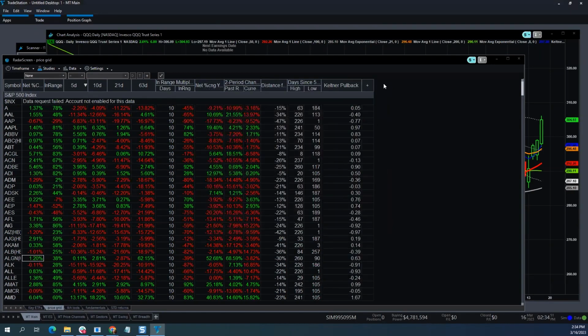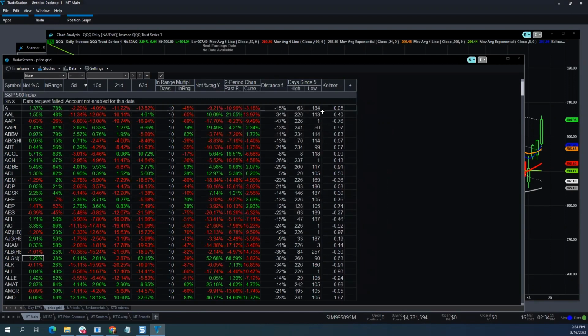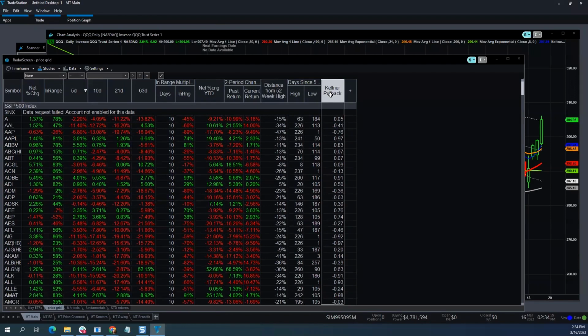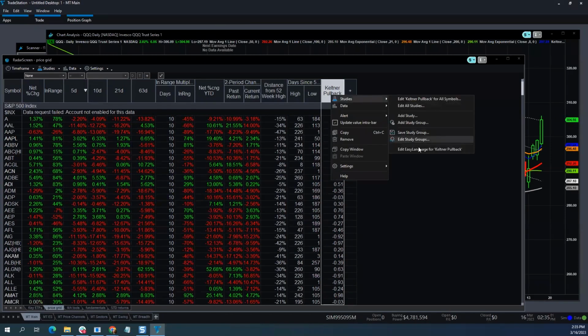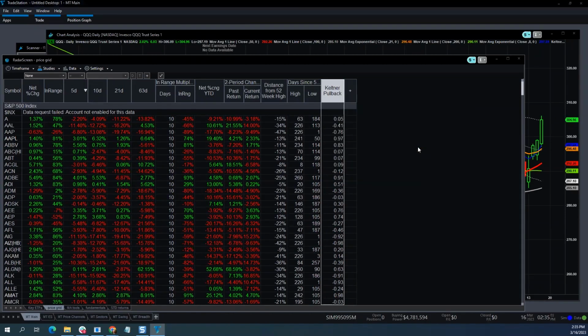Okay. So if you guys don't know how to do this, don't get too scared of code. Edit EasyLanguage. I put an explanation at the top of this of how it works.